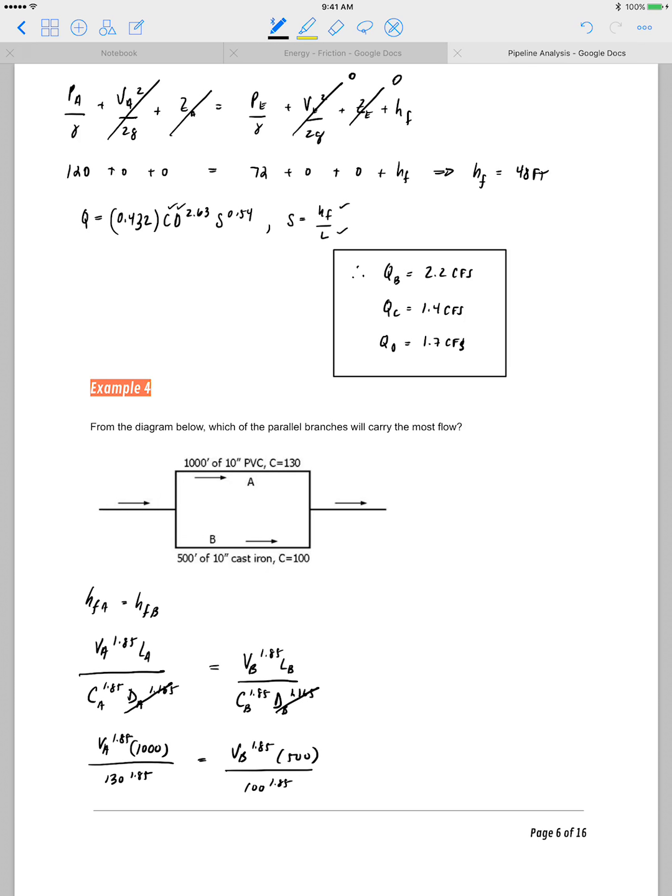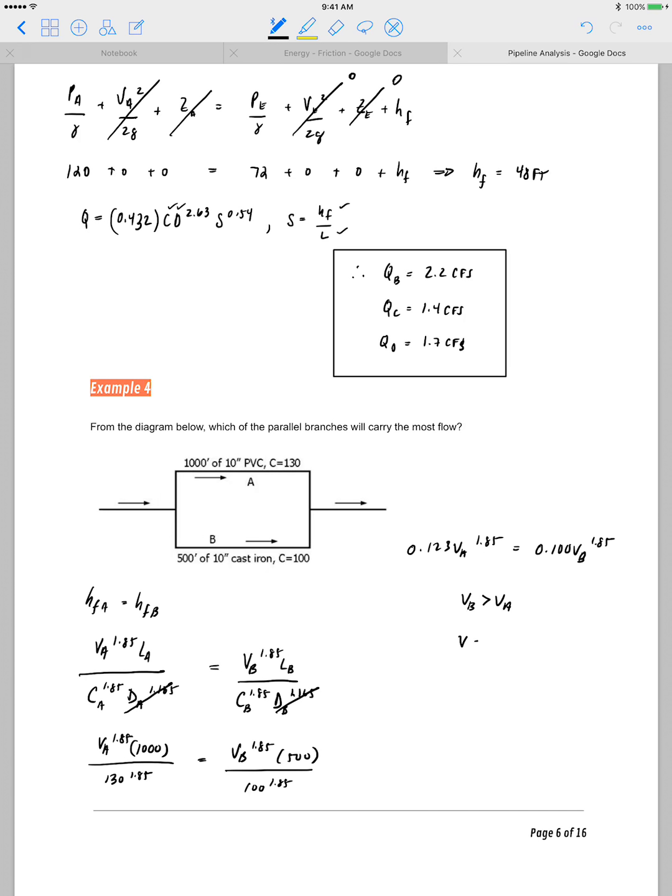And we could take all of that and say that 0.123 VA to the 1.85 is equal to 0.100 VB to the 1.85. Now, for the equality to hold true, VB must be greater than VA.